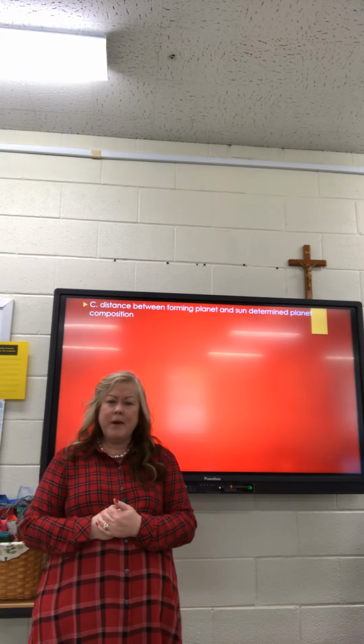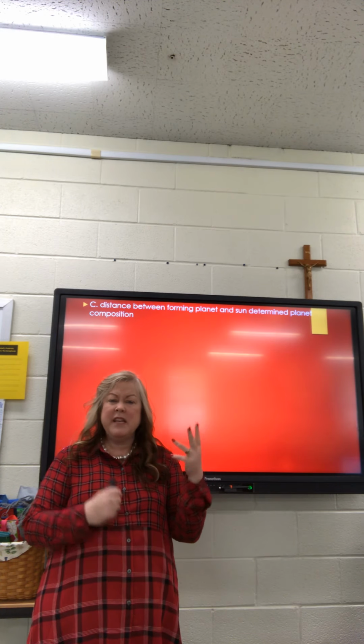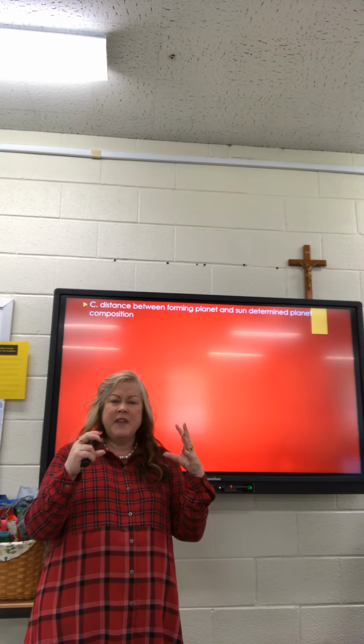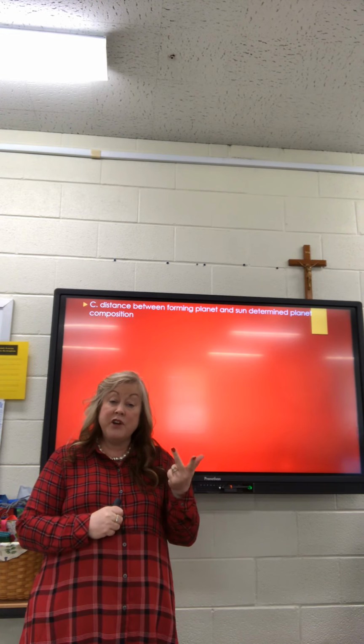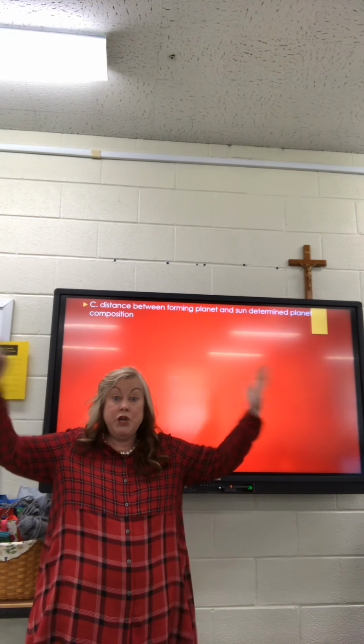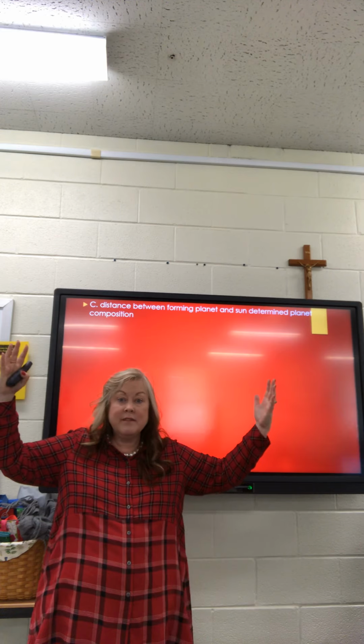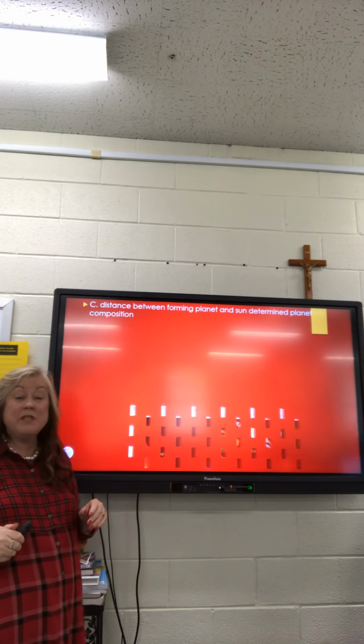So, have you ever thought about Mercury, Venus, Earth, and Mars being like heavy, dense, rocky planets? But then when you think of Jupiter, Saturn, Uranus, and Neptune, you think of them as being huge gas planets? Great way to think of it, because the distance between the forming planet and the sun determines the planet's composition.